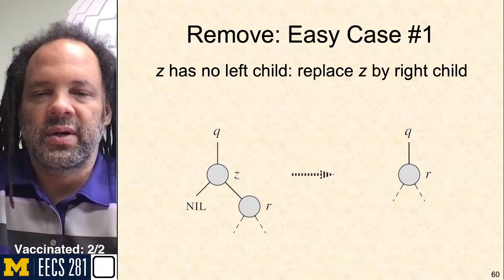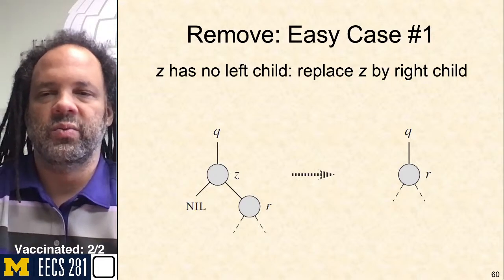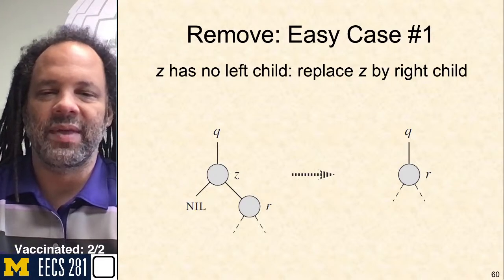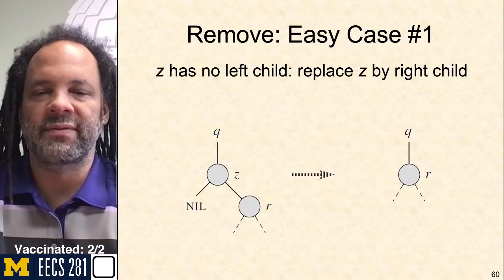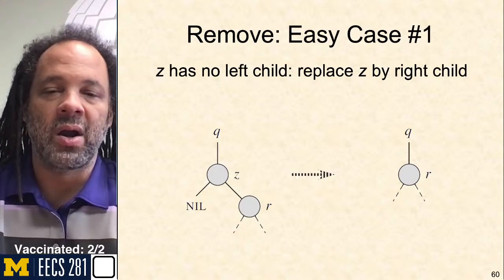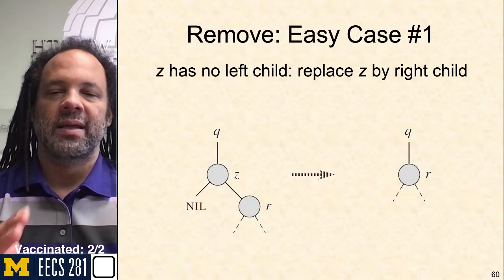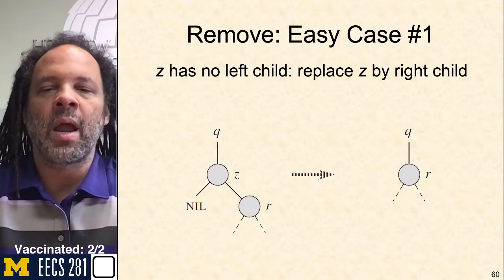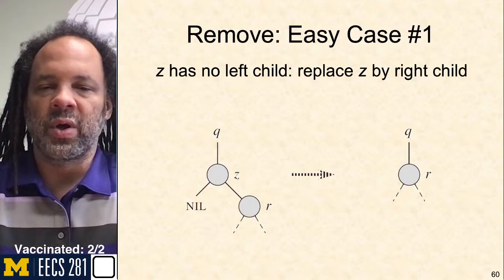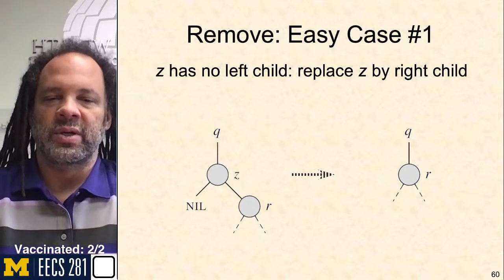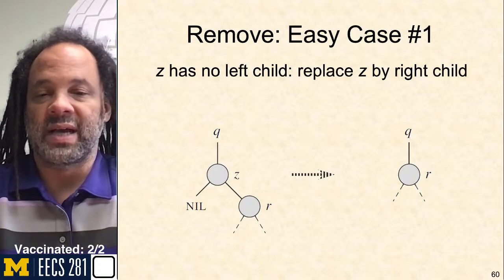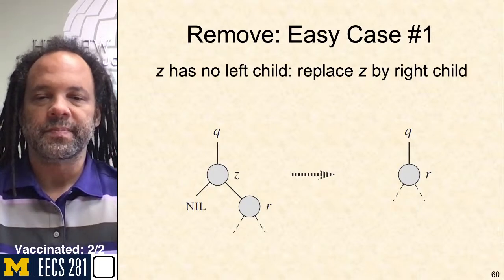That's this particular illustration style, calls them nils. We can call them nulls. It's the same thing. So Z has no left subtree. And then below R, we see these dotted lines that tell us that there may be any number of items below R. We don't really care. So that's information that we don't have, and it turns out that doesn't really matter to us.